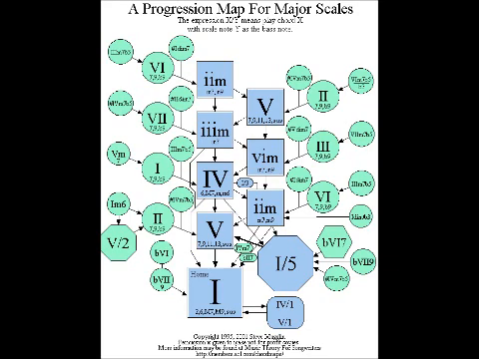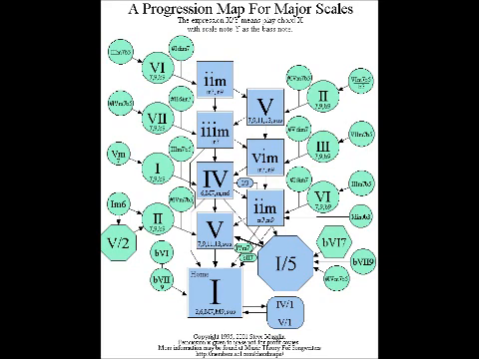The third square on the second column, the 2 minor there, is really close to the bottom of that progression. It goes to 2 minor, and then it goes to the left to the 5, and then to the 1. Here's another common one. Start with the second box in the middle, which is the 3 minor chord.